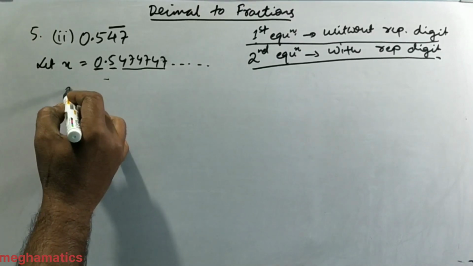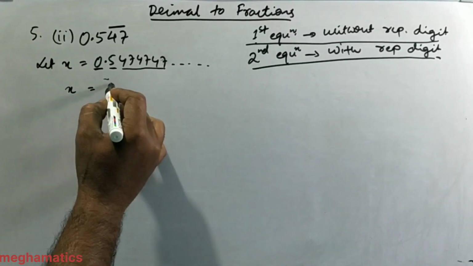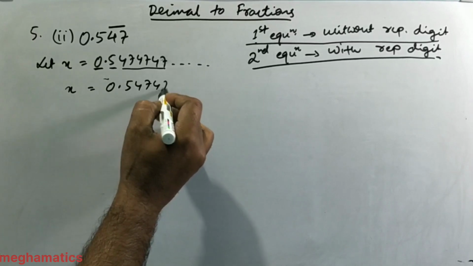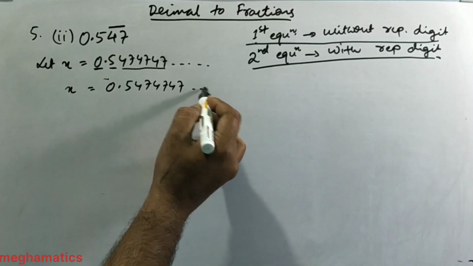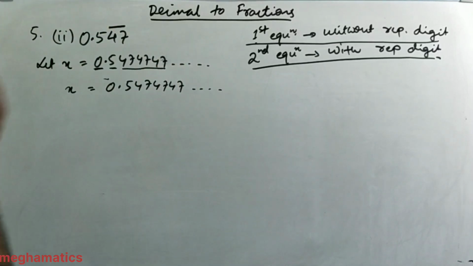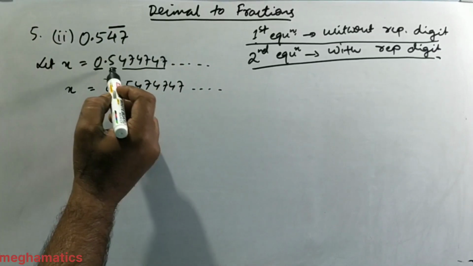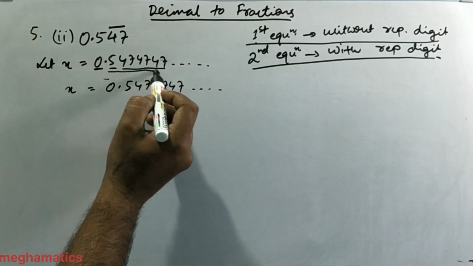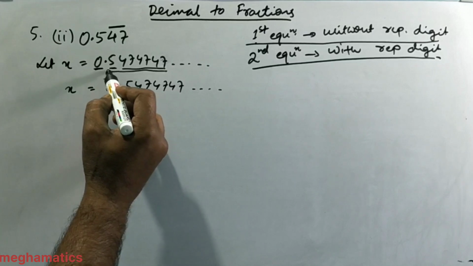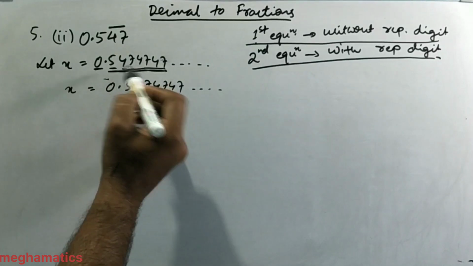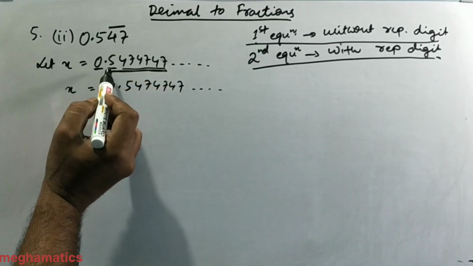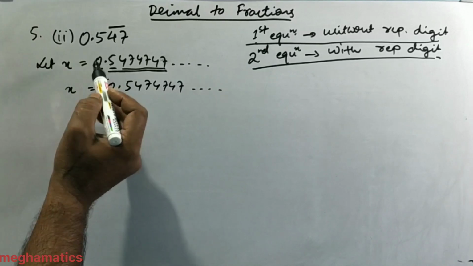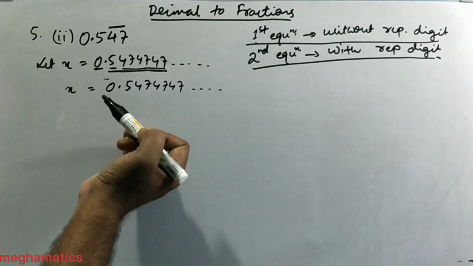So we'll write the same equation here, 0.5474747... Whatever digits are after the point, if there is any non-repeating digit, that non-repeating digit will move towards the left of the decimal.